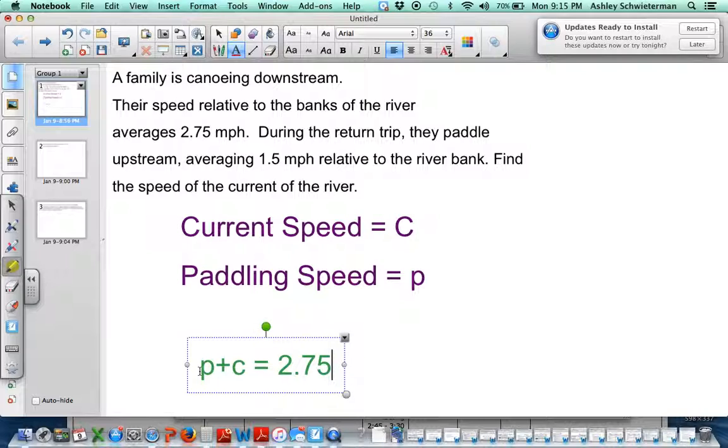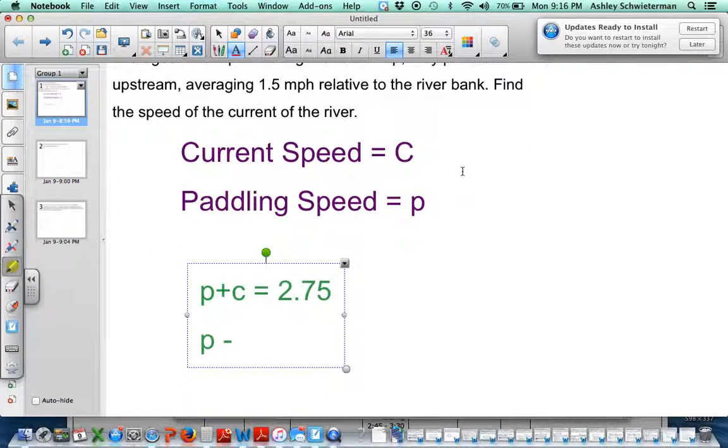That's how we get the 2.75 miles per hour, because you have whatever they're paddling plus the current is taking them. If it says during their return trip, this time the current is working against them. They're paddling, and then that current is working against whatever efforts they're doing, and you get 1.5 miles per hour.